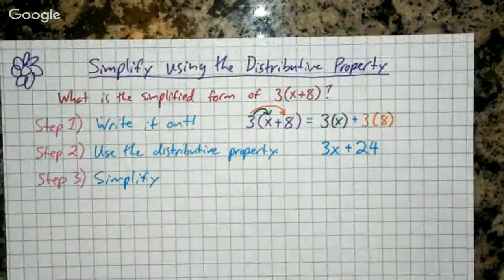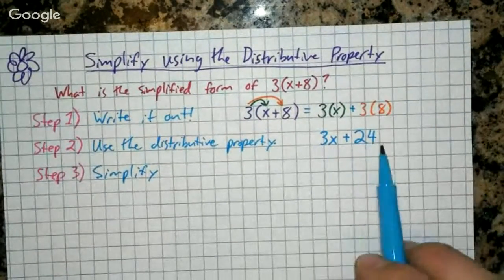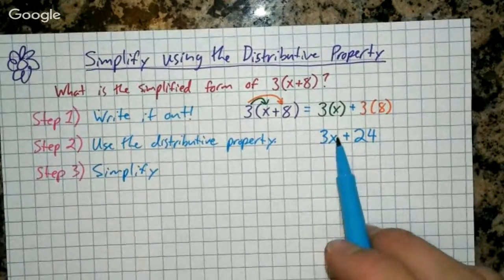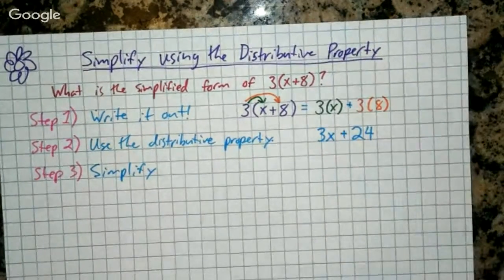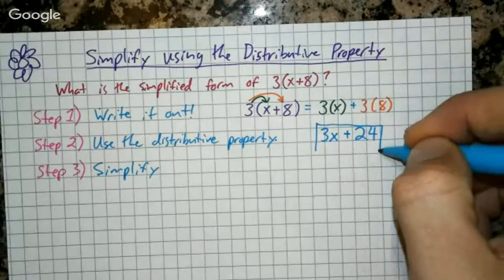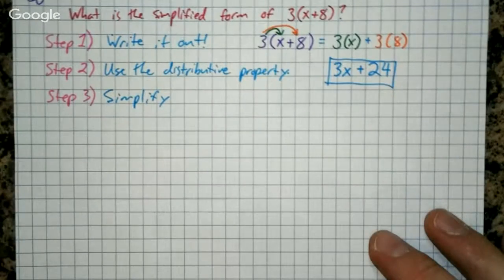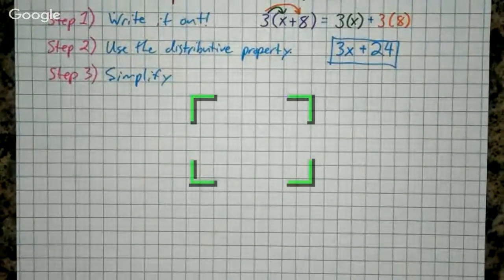There's nothing more I can do with this because these are not like terms. This is a constant, does not have a variable. This has a variable of x with a power of 1. There's nothing else I can do. That's my answer. So that's a pretty simple one. You've probably even done that before in previous grades. You should have, because it's standards in other grades too.